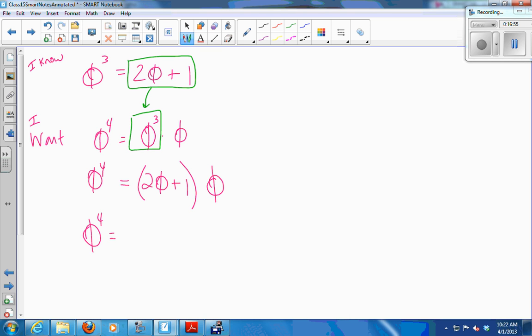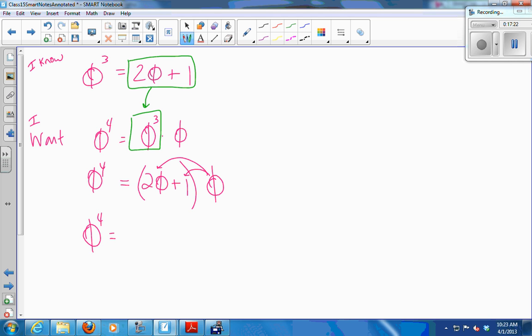Distribute your phi, right? So I multiply both terms in the parentheses by phi, and I get 2 phi times phi, which is what? What's 2 phi times phi? 2 phi squared.